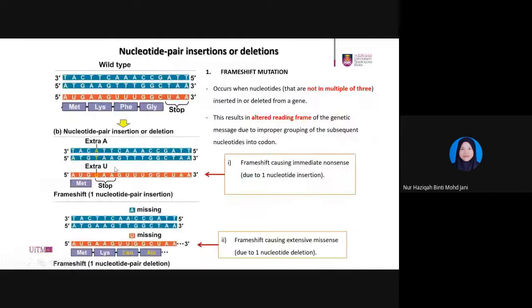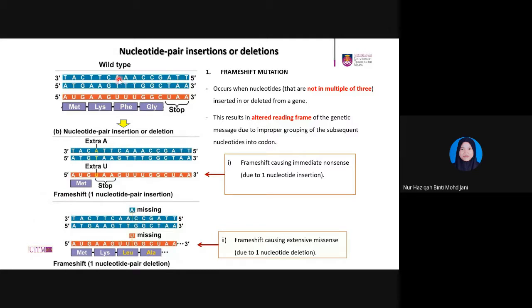Okay, so the next one is frame shift mutation. So frame shift mutation is due to either deletion or insertion. You insert an extra nucleotide, or you delete a nucleotide pair. So this will alter the reading frame of the genetic message on the mRNA. So when you alter the reading frame, obviously all the way through the point yang mana berlaku mutation, in this case as you can see, you delete A kan.